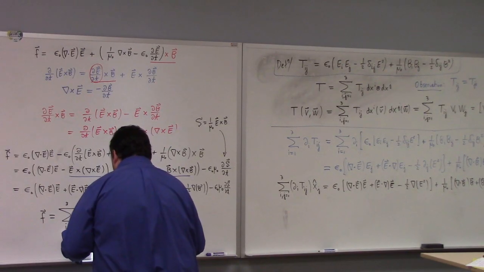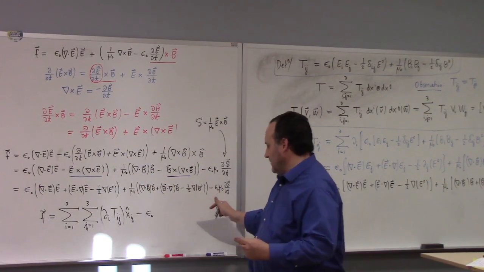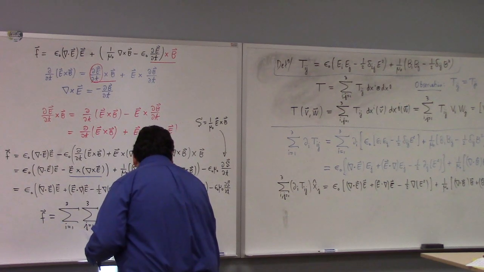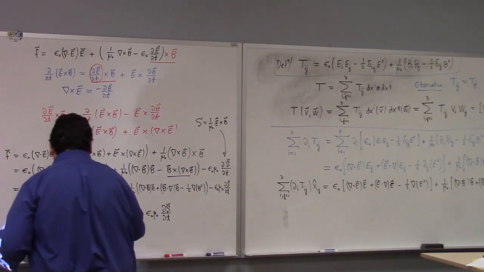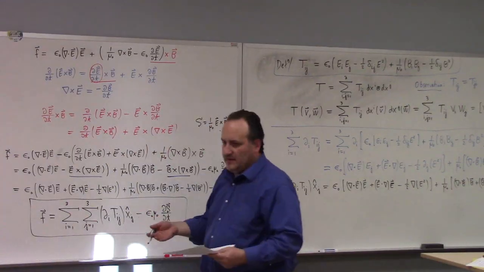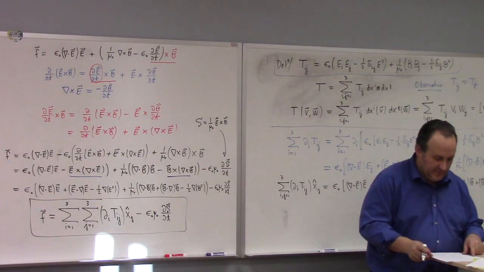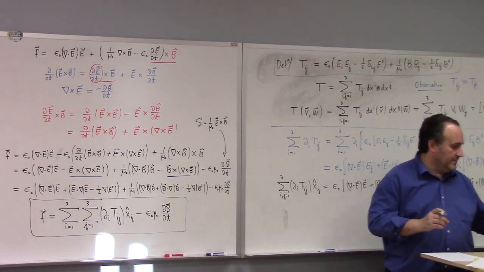Oh, I think I need a mu naught there, I've got a typo in my notes. Do you agree with the epsilon naught mu naught here? Yes. All right. So with the stress energy tensor, we can account for all of those terms in the force per unit volume.